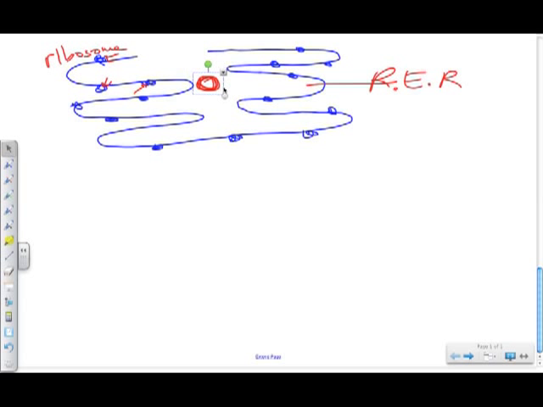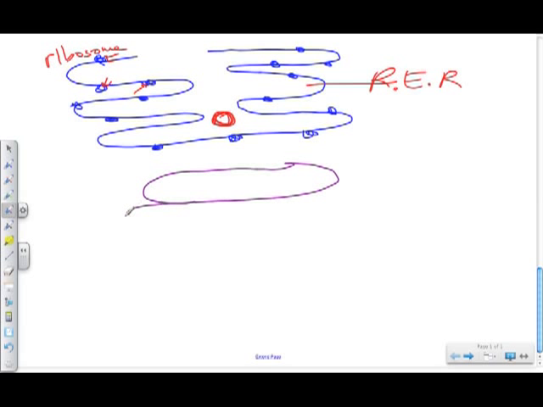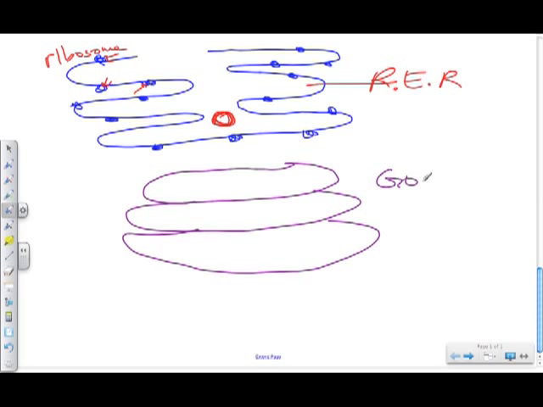This protein makes its way, because the rough endoplasmic reticulum is a passageway, a kind of transport system. It's going to make its way to something called the Golgi apparatus, or sometimes they're referred to as Golgi bodies.